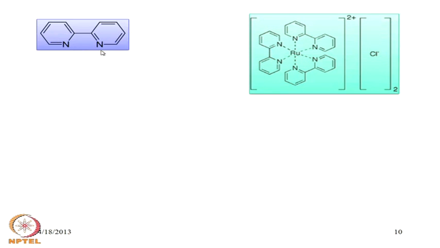But if we go for the bipyridine ligand, using two pyridine units in the cis position, this is a very good bidentate ligand like ethylene diamine, and it has a rigid, pyridine-type backbone.